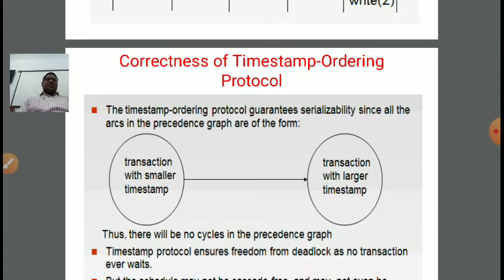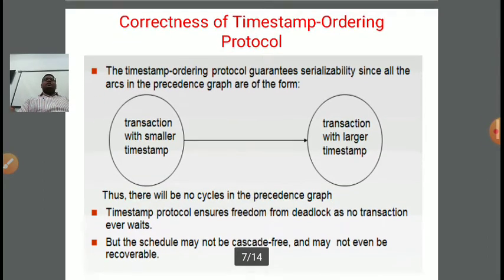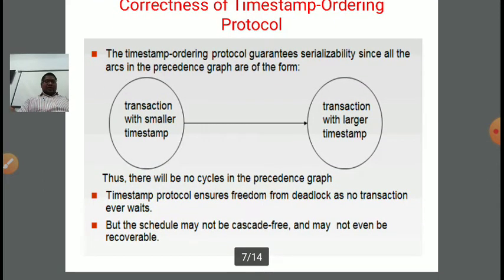So this will ensure serializability, since all the arcs in the precedence graph are of the form that the transaction with the smaller timestamp will execute first, and after that the transaction with the larger timestamp will happen. Thus, there will be no cycle in the precedence graph, and if there is no cycle in the precedence graph, then we will say that the timestamp ordering is properly done.